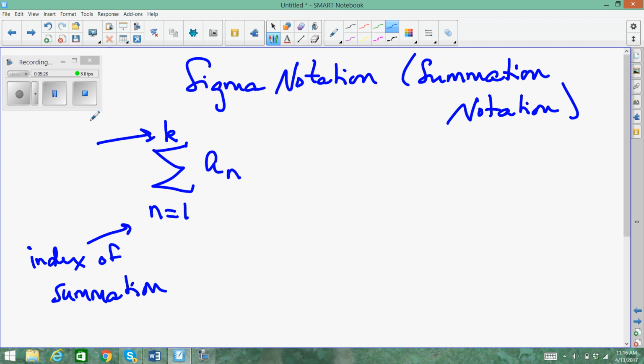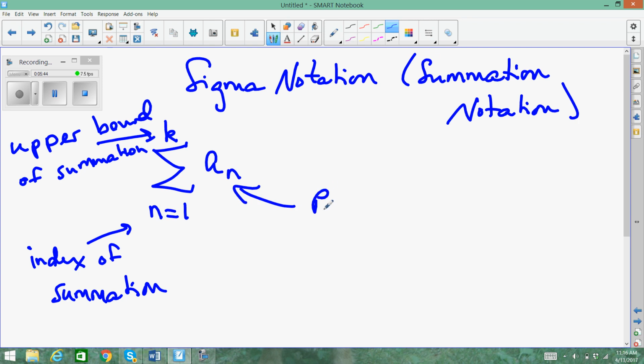The k at the top is telling you the ending point, or the upper bound of summation. Okay? And this right here is going to be the rule that generates the series.